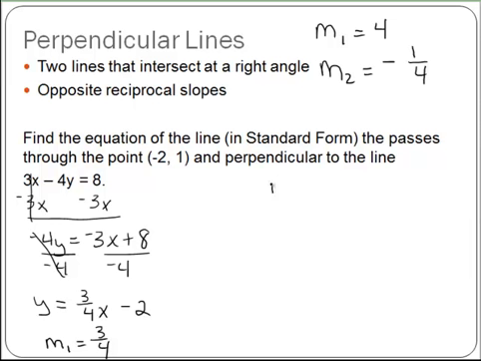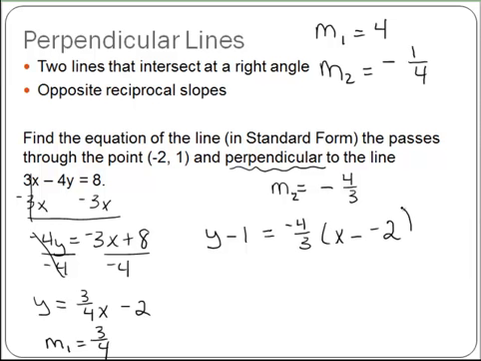But what is the slope of the line that we want? It's the opposite reciprocal of this slope, because we want them to be perpendicular. So it's the opposite reciprocal. So now we plug everything into the formula. y minus y1 equals m times x minus x1.